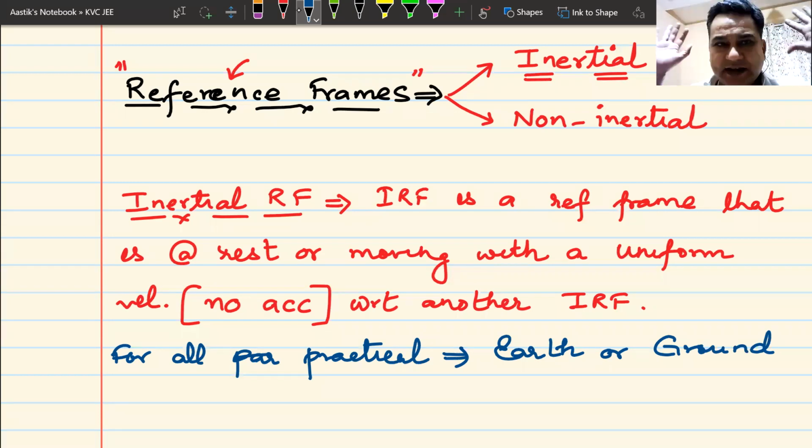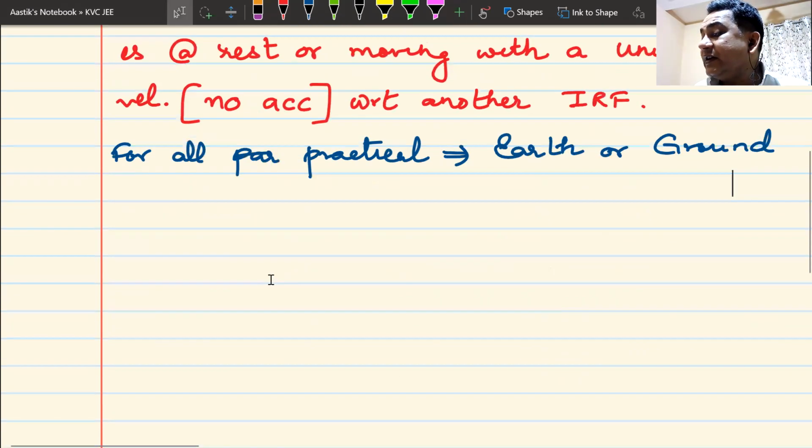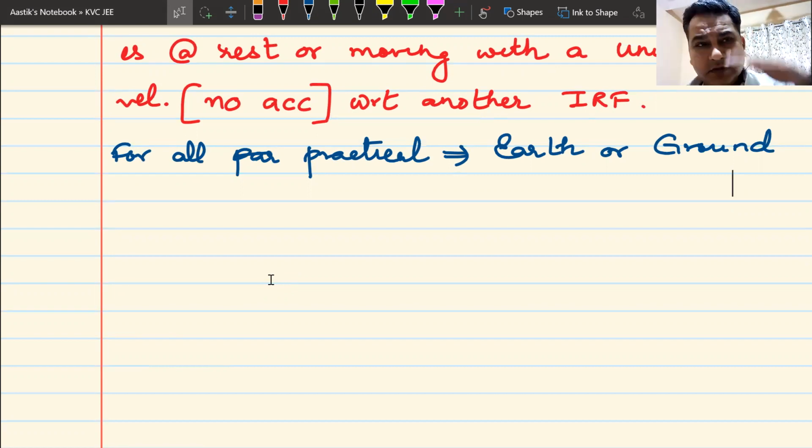Do we all understand this? Can I have some raised hands that we have understood this? Here we have assumed that earth is an inertial reference frame. So any body which is moving with constant velocity with respect to earth, or which is at rest with respect to earth, is an inertial reference frame.